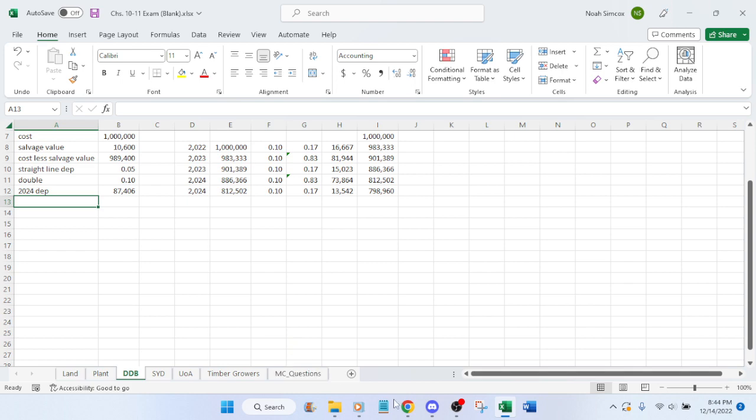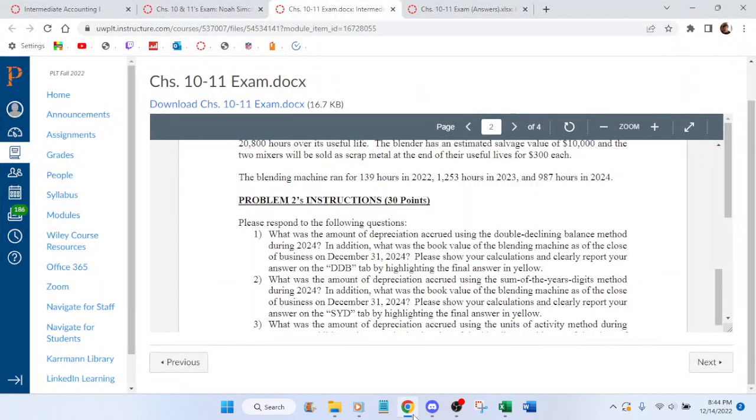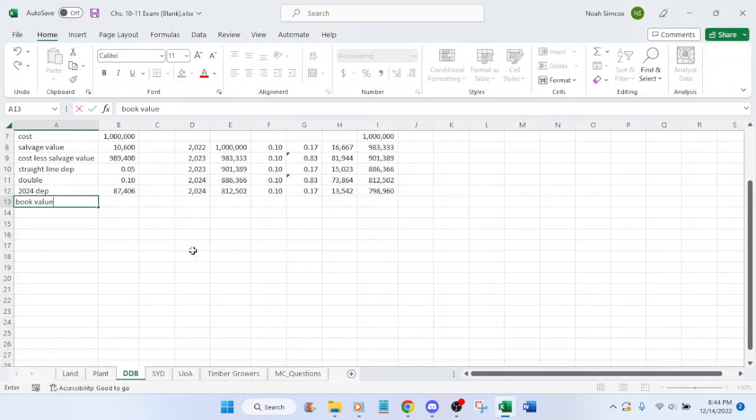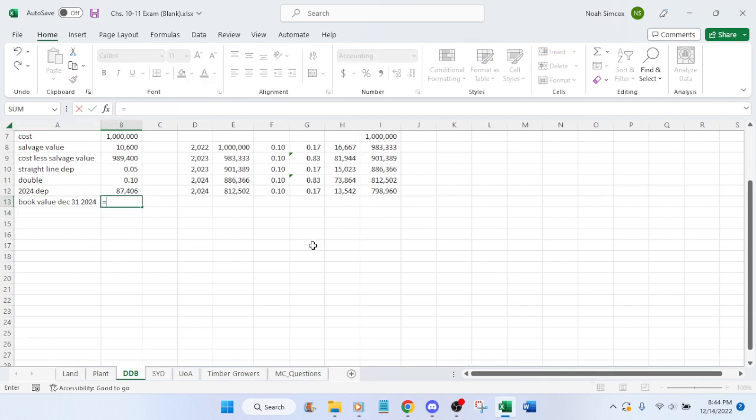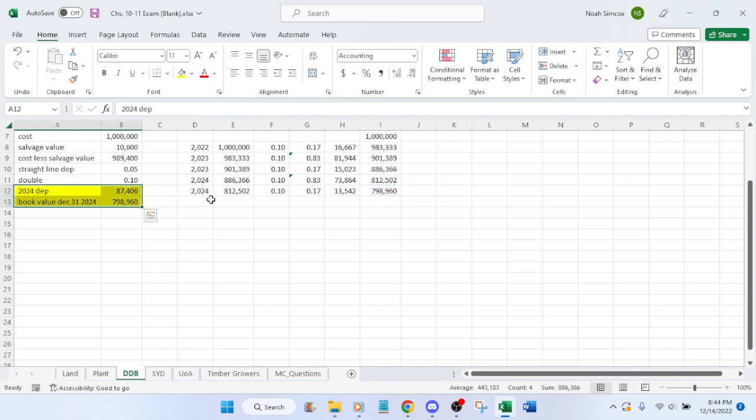And the ending book value December 31, 2024 is going to be equal to this. So those are the answers. Please tell me I got those right.